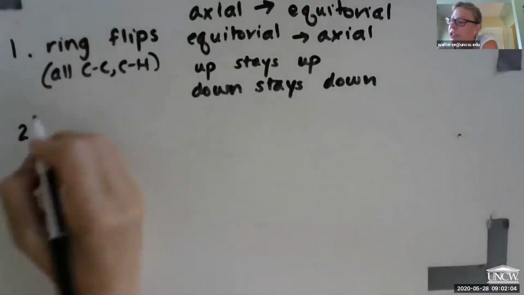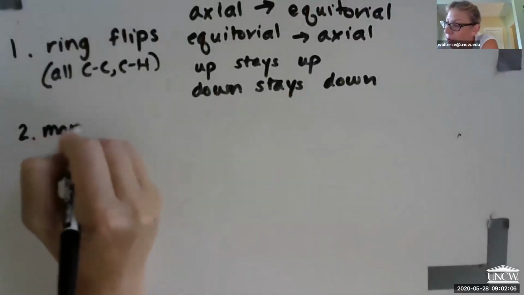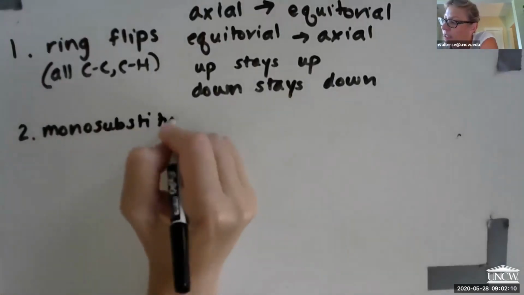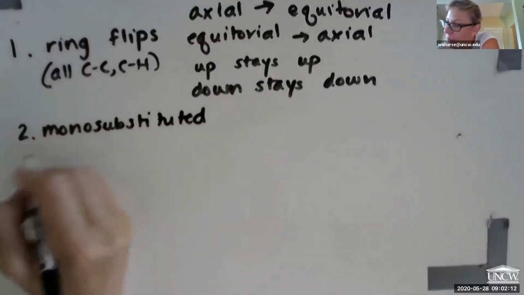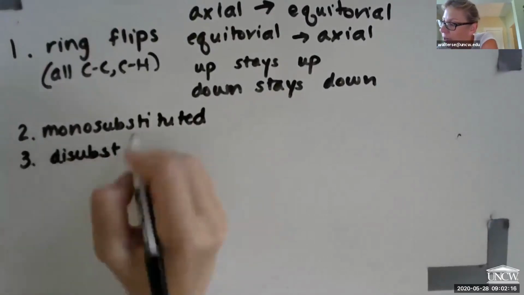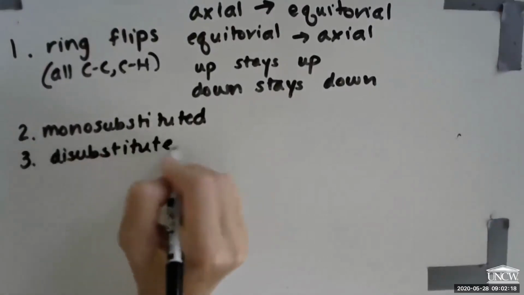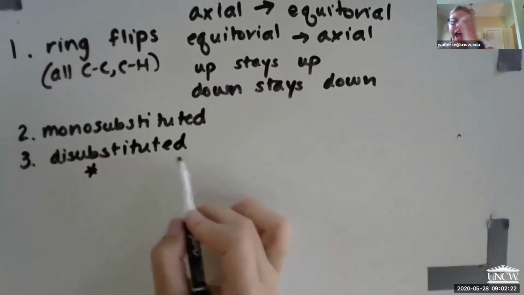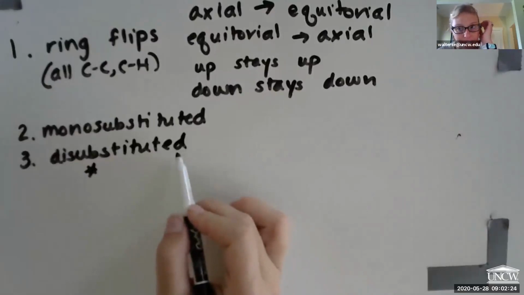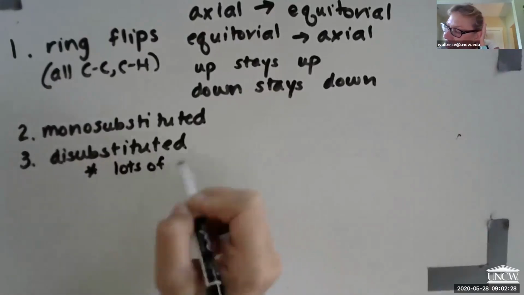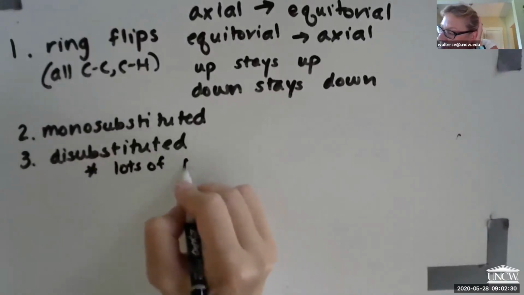Today, what we're going to do is talk about monosubstituted rings. And then we're going to finish up with di-substituted rings. Now, the di-substituted rings, how you have substitution is going to vary. So there are lots of options here, or lots of patterns.